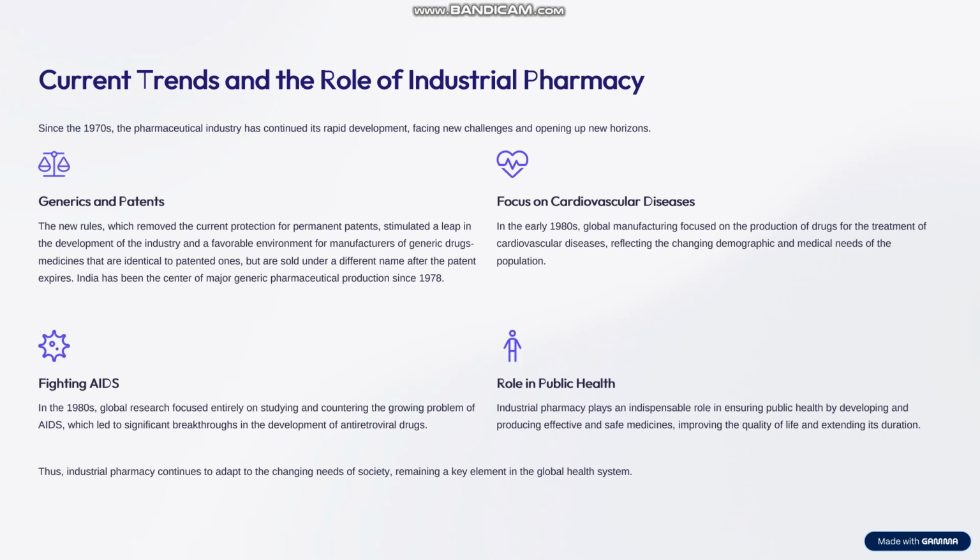In the 1980s, global research focused entirely on studying and countering the growing problem of AIDS, which led to significant breakthroughs in the development of antiretroviral drugs. Role in public health. Industrial pharmacy plays an indispensable role in ensuring public health by developing and producing effective and safe medicines, improving the quality of life and extending its duration.